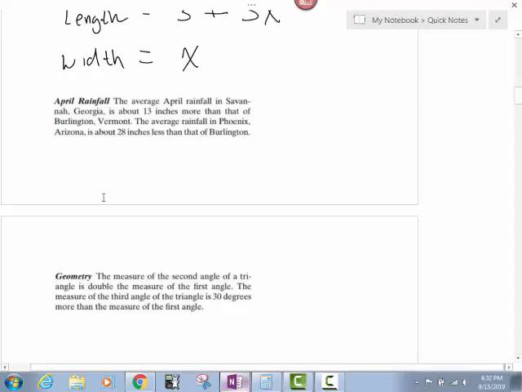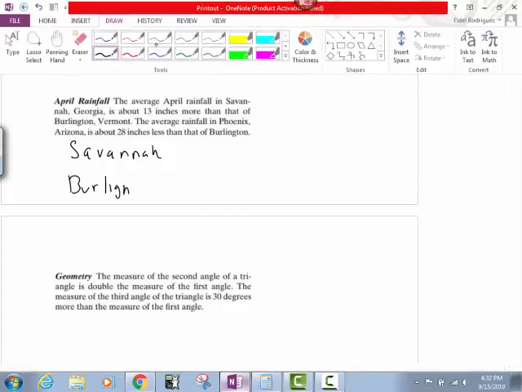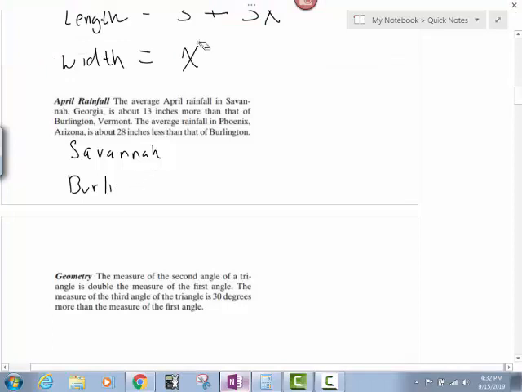It looks like we have a few cities here: Savannah, Burlington, and Phoenix.